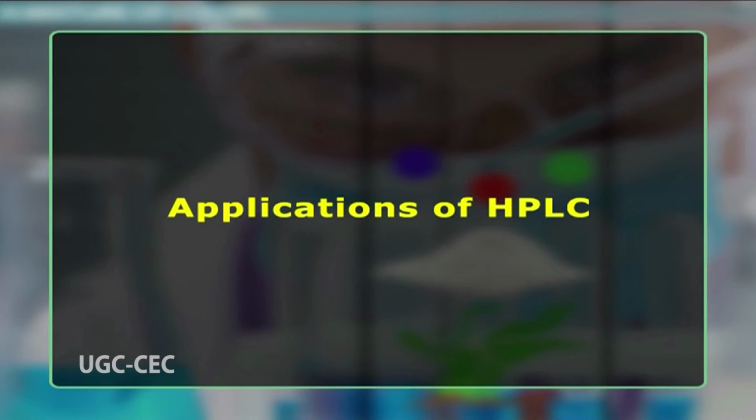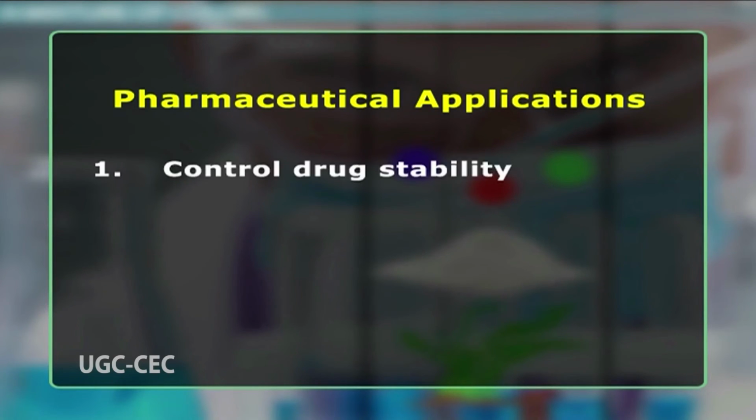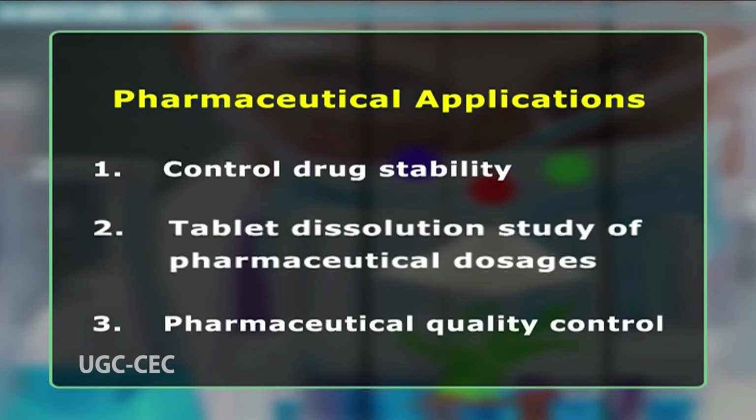Lastly, applications of HPLC. The information that can be obtained by HPLC includes resolution, identification and quantification of a compound. It also aids in chemical separation and purification. The other applications of HPLC include pharmaceutical applications, which in turn include control of drug stability, tablet dissolution study of pharmaceutical dosages, and pharmaceutical quality control.